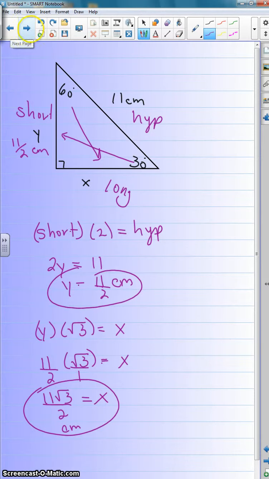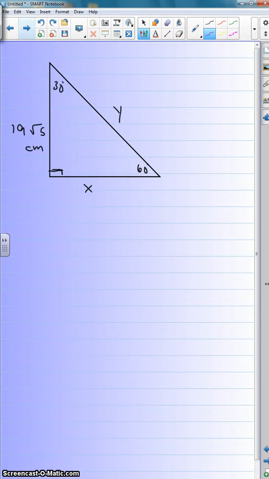Okay, let's look at another example. On this example, across from my 30 is still my short, that doesn't change. Across from the 60 is the long, and across from the 90-degree angle is my hypotenuse. I have my long leg.